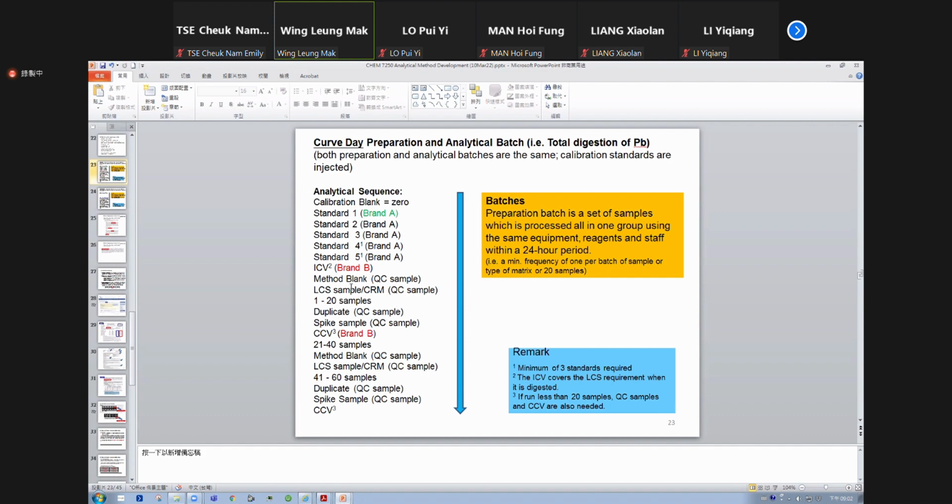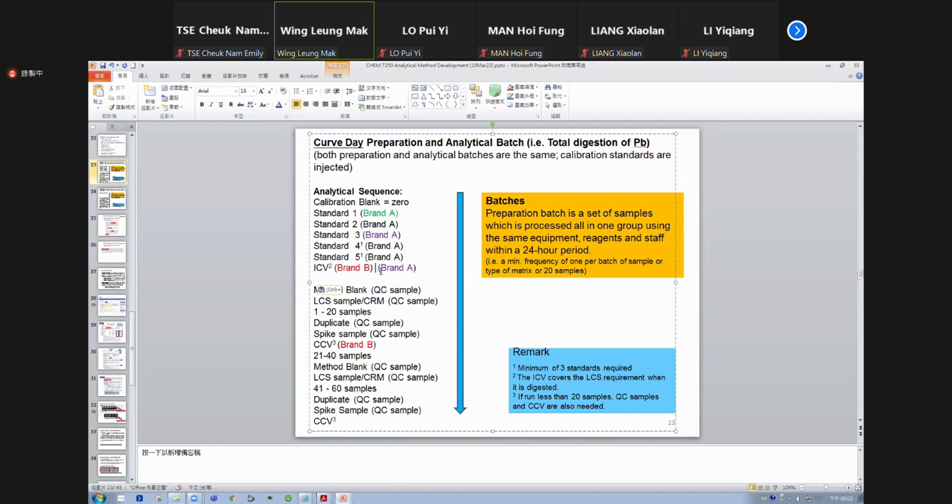And then if you use the same middle point and put it back, because the calibration curve here and this chemical belong to the same family, you cannot check out any errors.